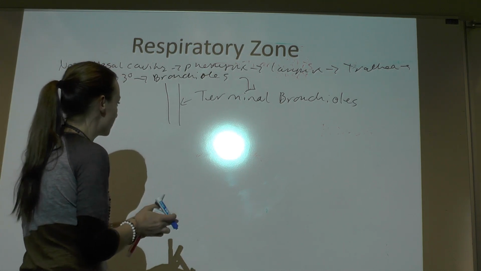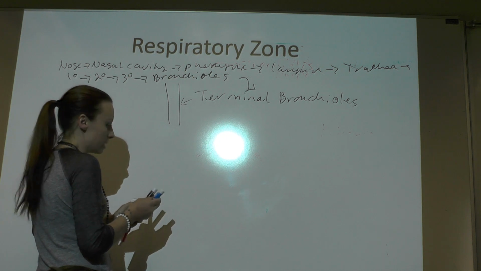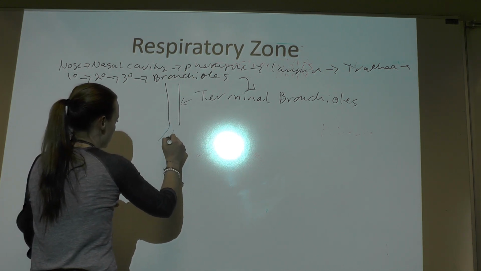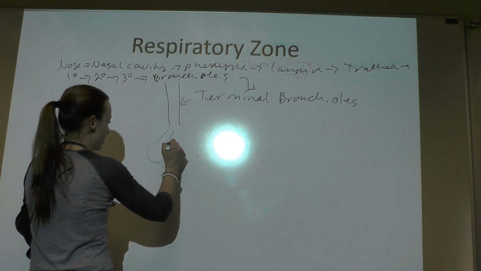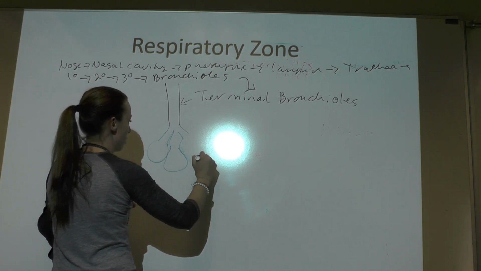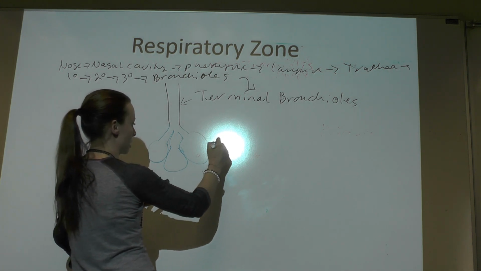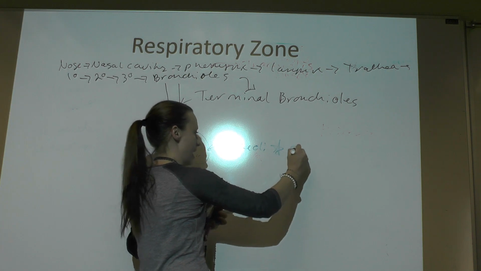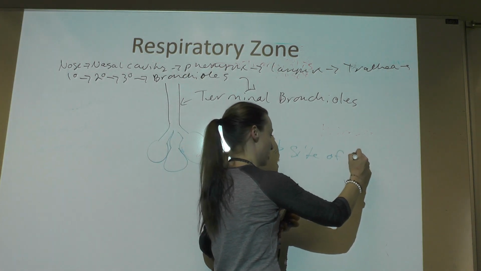In the respiratory zone, we get these little respiratory bronchioles, and this is where we see our alveoli. Primarily gas exchange is occurring at the alveoli. This is the site of gas exchange.